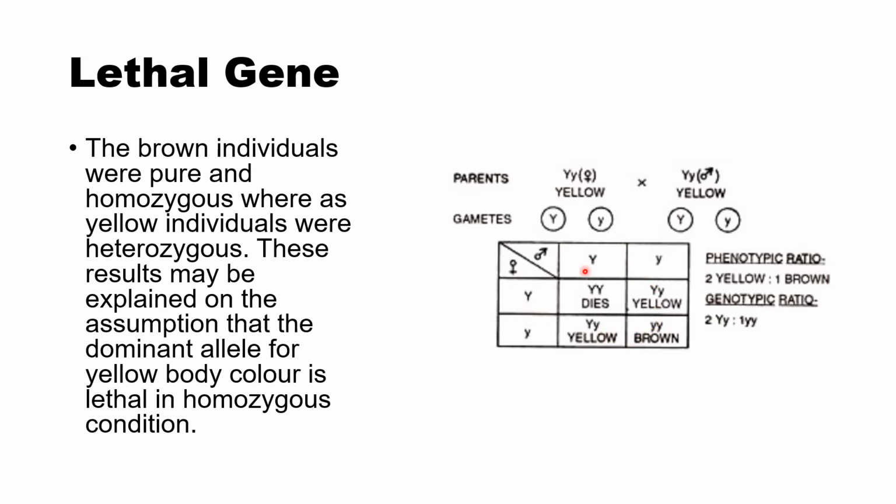And then, yung homozygous dominant na allele na sana is mag-dictate ng yellow color is namatay. Meaning, nakita niya na yung homozygous dominant na Y na yellow color, this is a lethal gene kasi namatay yung rat. So, yun yung experiment niya. Doon niya na-discover yung lethal gene.